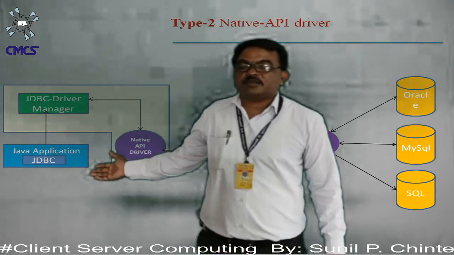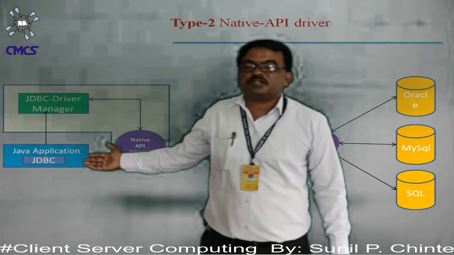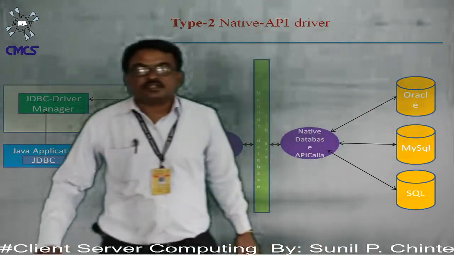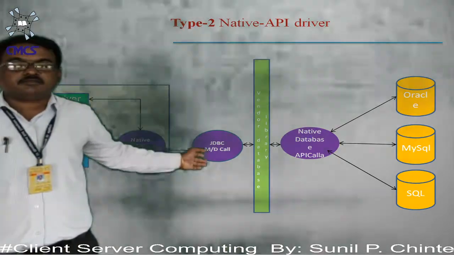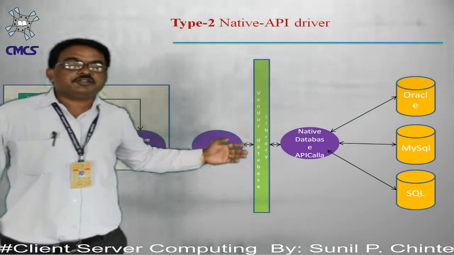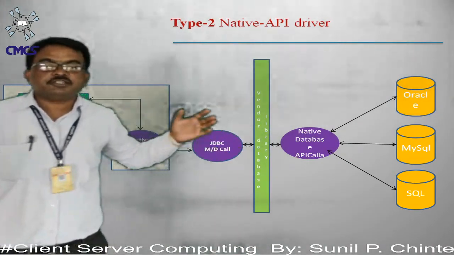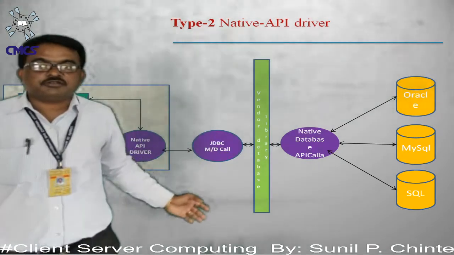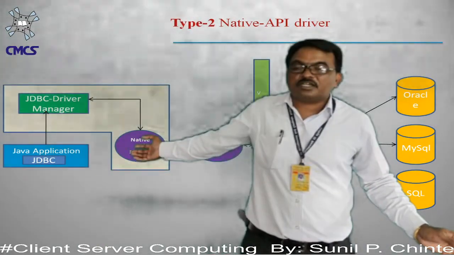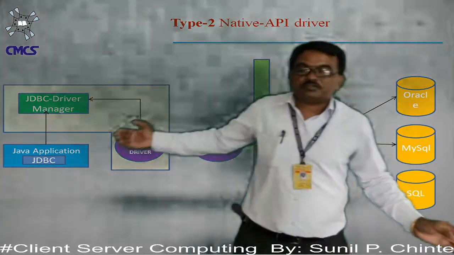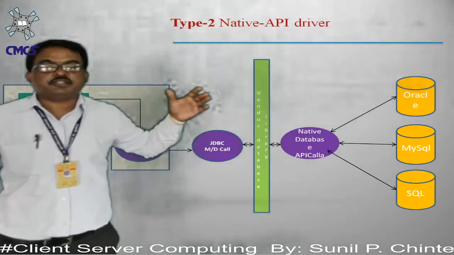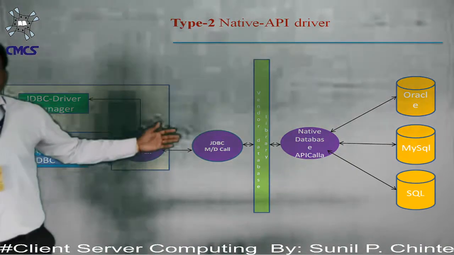Here the application is designed with the JDBC APIs, and the JDBC calls will be converted into native specific calls by using the native API driver. That means whatever JDBC calls there are, they are converted into native database specific calls by using the native API driver.